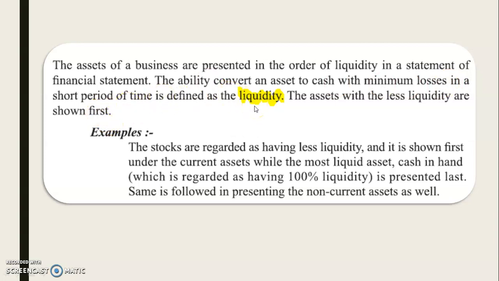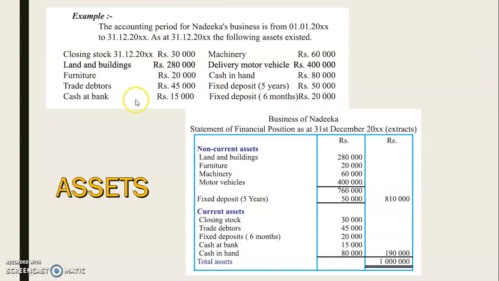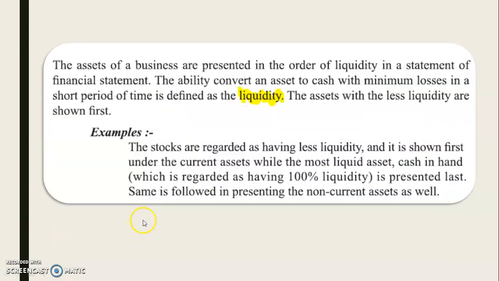In that case, stocks are regarded as having less liquidity. It takes time for the stocks to be converted into cash. You need to sell them and obtain money. Cash is considered as 100% liquidity, because cash in hand is cash at the end.